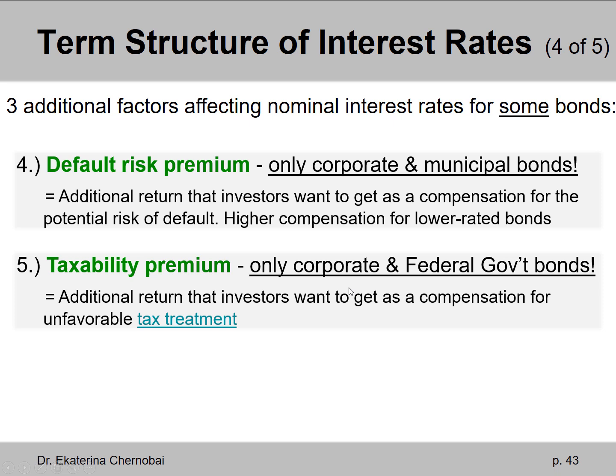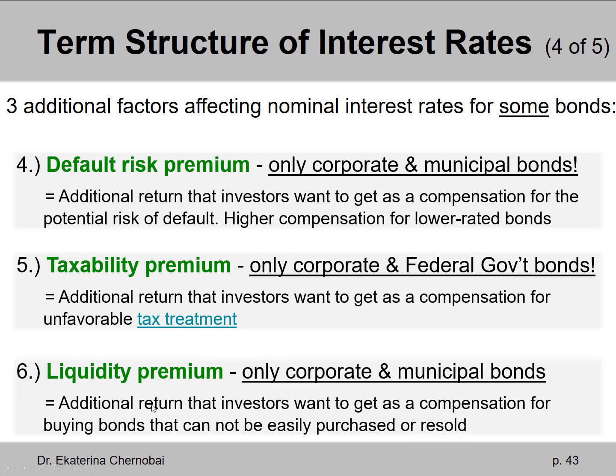Investors that buy local government bonds don't need to pay taxes on the coupon payments that they receive. And so in order to make corporate and federal government bonds attractive to investors, the return must be higher. That's the taxability premium.